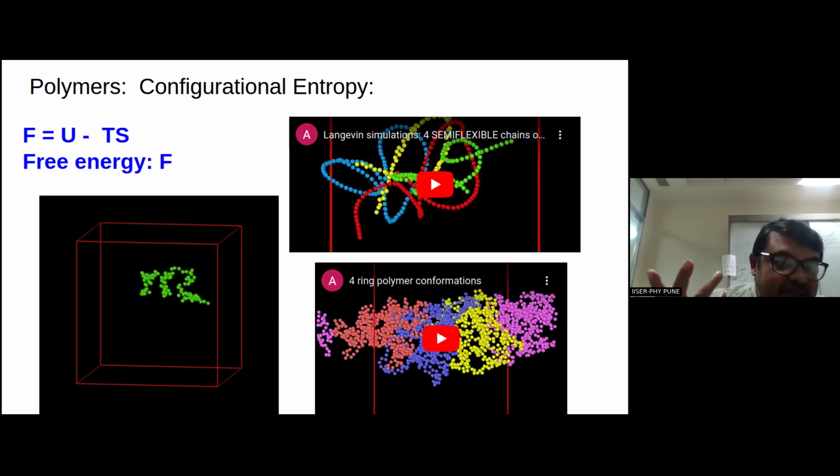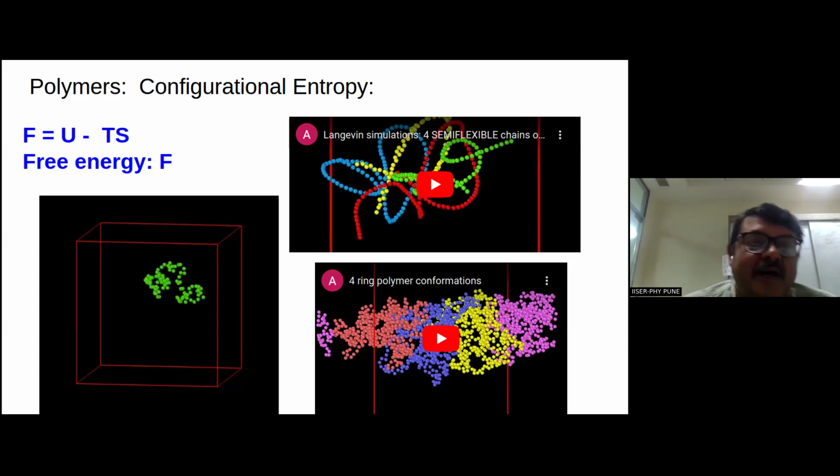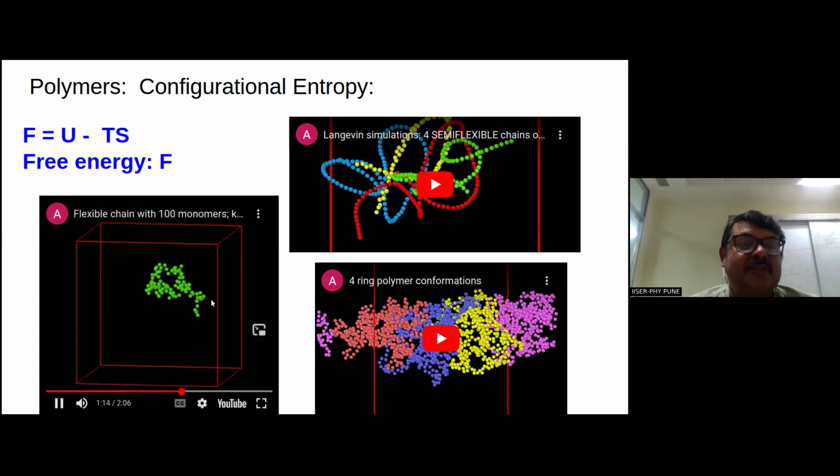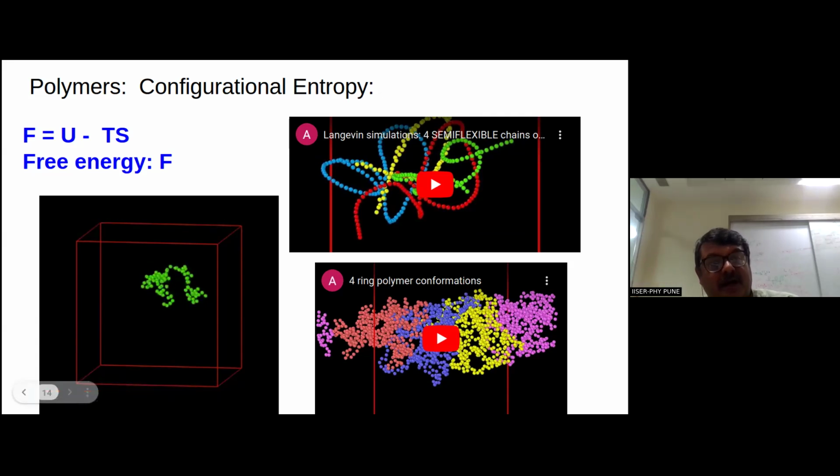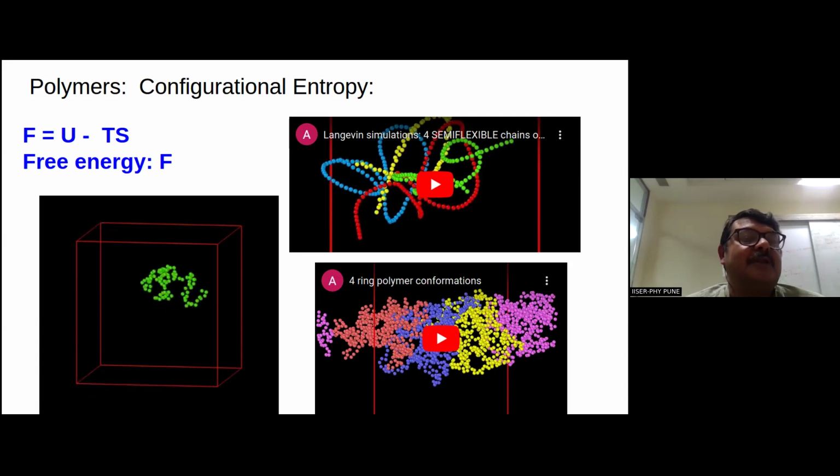They fluctuate a bit, but kappa is high, and the energy of interaction is only the repulsive interaction, so that beads don't see each other. That's very minimal, but they have a huge amount of entropy, and you see that they're constantly changing conformations due to fluid molecules bombarding them, Brownian motion, which is now modeled by the Langevin equation. We have not explicitly modeled all of the fluid molecules.